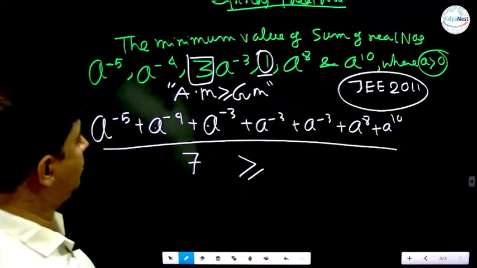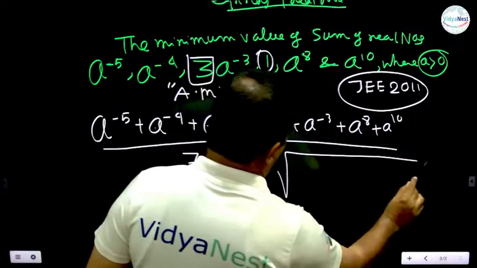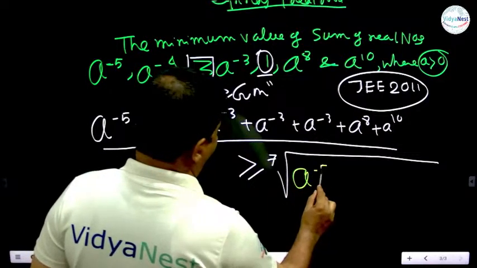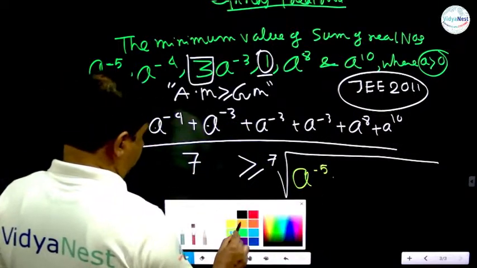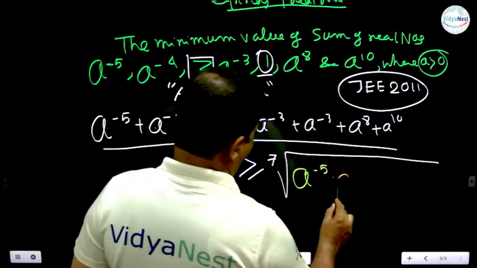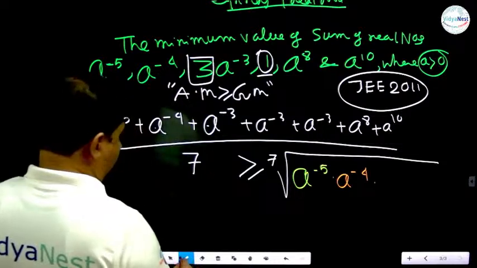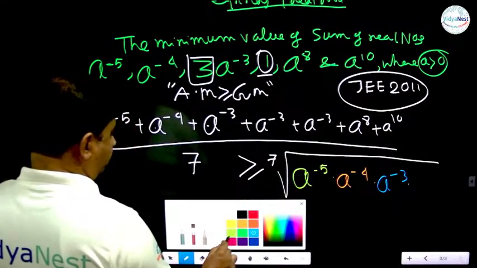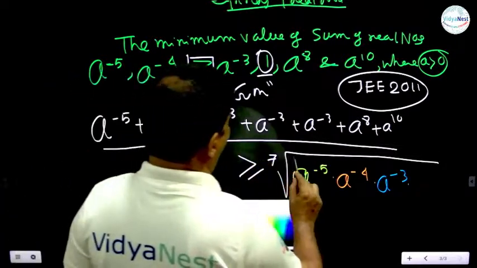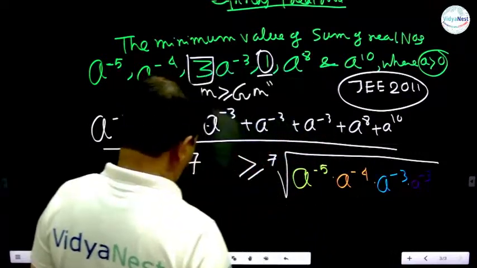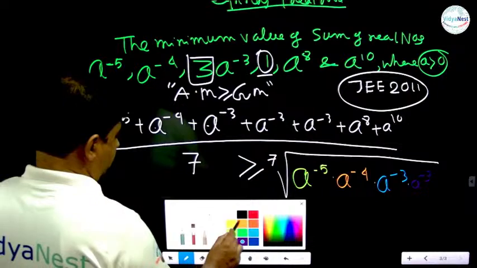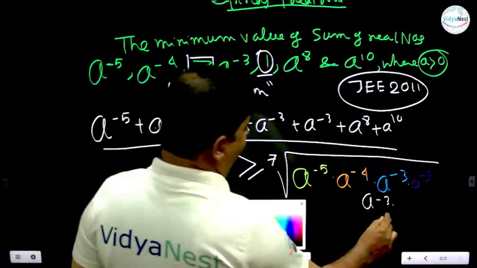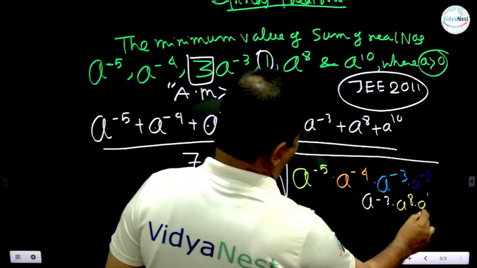So the geometric mean is the 7th root of a to the power minus 5 into a to the power minus 4 into a to the power minus 3 into a to the power minus 3 into a to the power minus 3 into a to the power 8 into a to the power 10.